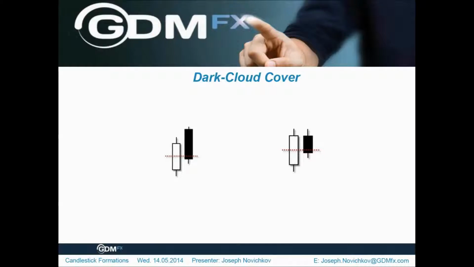So as you can see, the past two candlestick formations are one and the same. The only difference is one of them occurs on the bottom of a downtrend, signaling it's a bullish reversal signal, and the other one is occurring in an uptrend on the top of it, reversing, telling us that this is a bearish reversal signal.